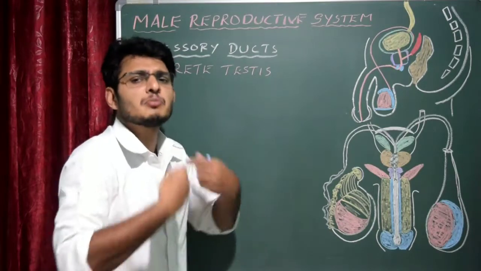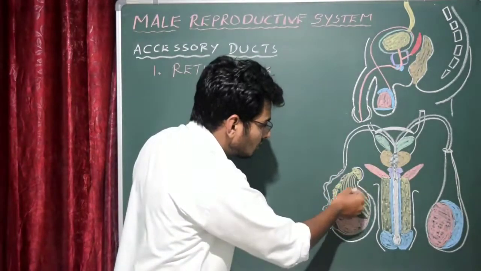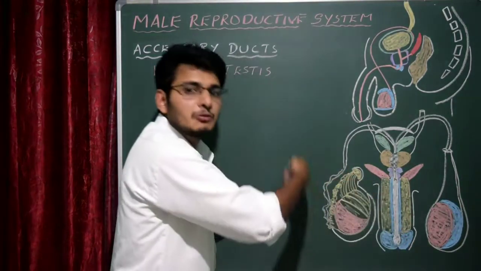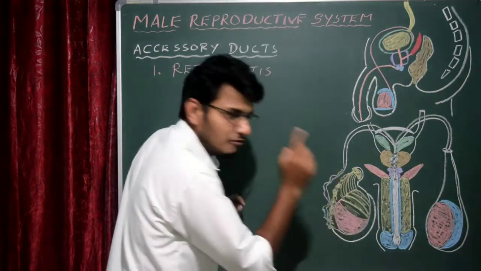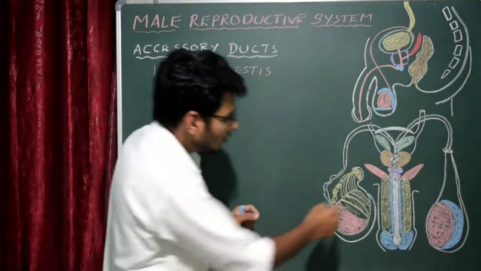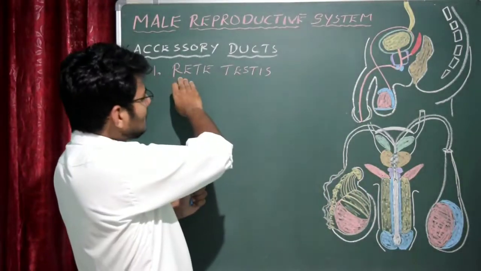Let us imagine the sperms are produced now. Sperms are there in the testis. Now they have to reach till here. How exactly will they reach? Simple. The sperms are first collected by the first duct, the first pipe which is surrounding the testis. All these are called rete testis.